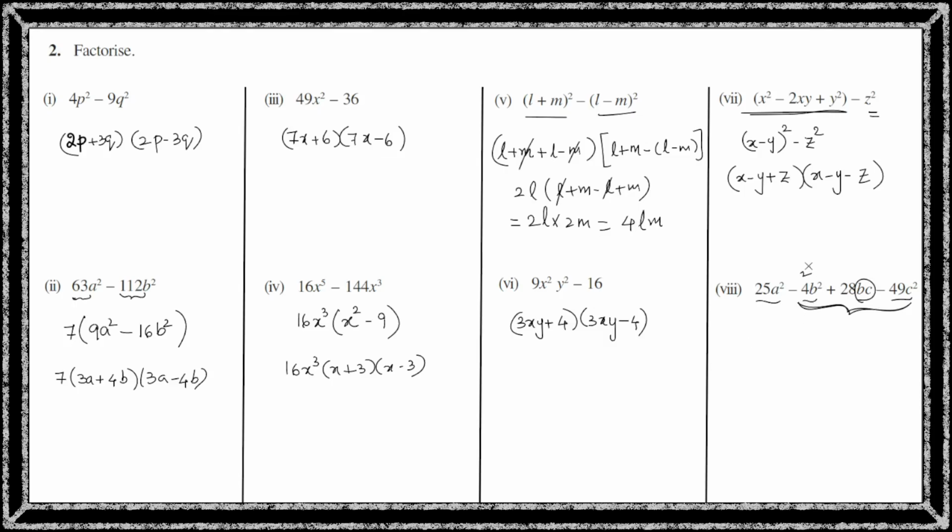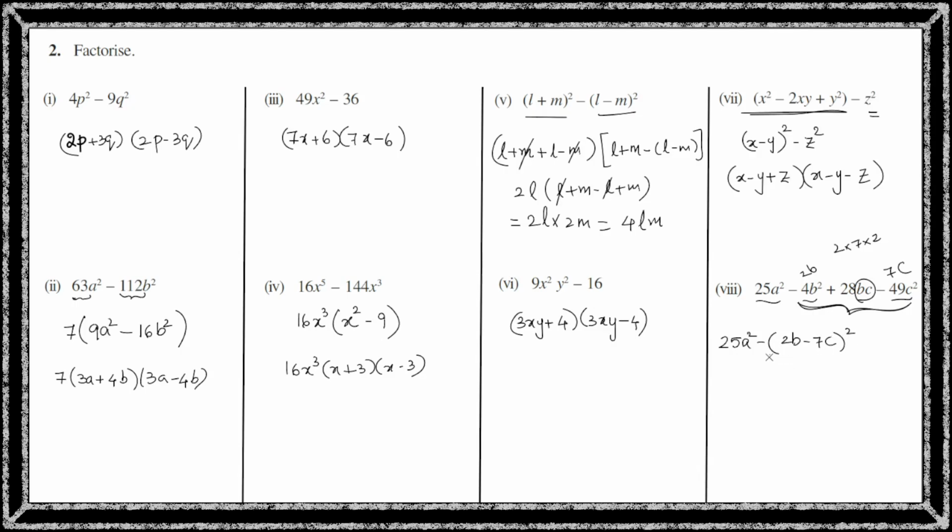Now this is 2b whole square. This is 7c whole square, right? Now what is 2 into 7 into 2? 28. Fits the criteria b into c. Therefore this must be in the a minus b whole square format. So let us write it down. 25a square minus 2b minus 7c whole square.